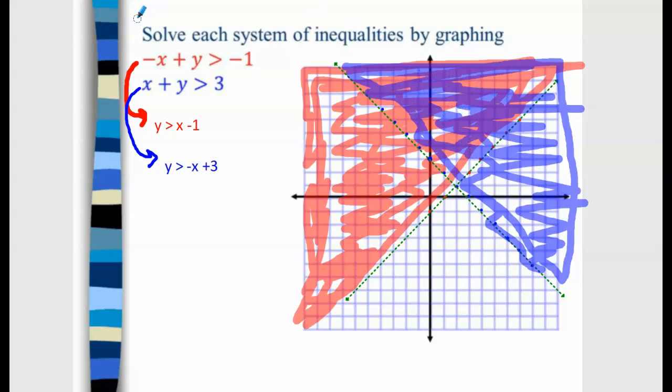But we're looking for the solution of the system of inequalities, which means we're looking for where the shading of the first line and the shading of the second line overlap. And they overlap in this triangular region right here. It's kind of where the red and the blue make purple.